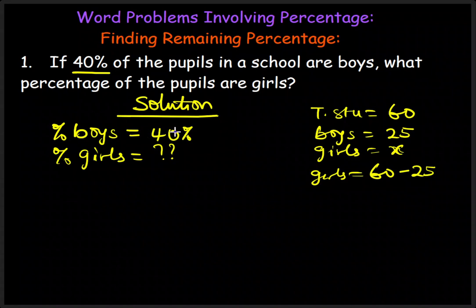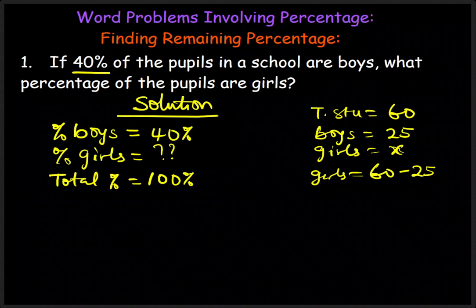So the same thing we bring to our percentage here. If we have percentage of boys and we are asked to find percentage of girls, we should know the total percentage. Total percentage is always equal to 100%.